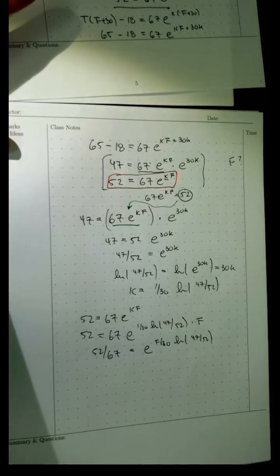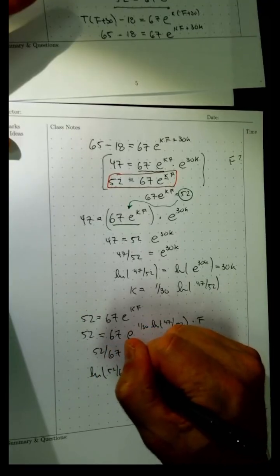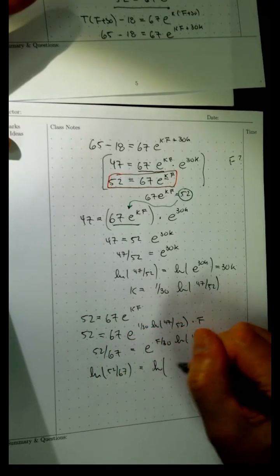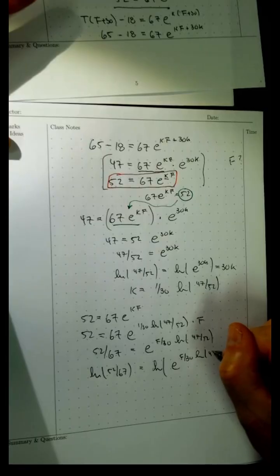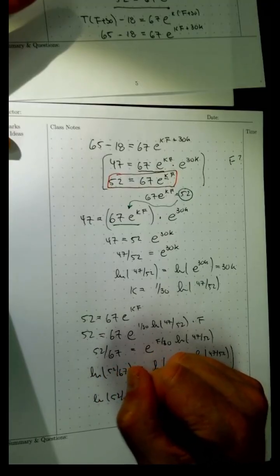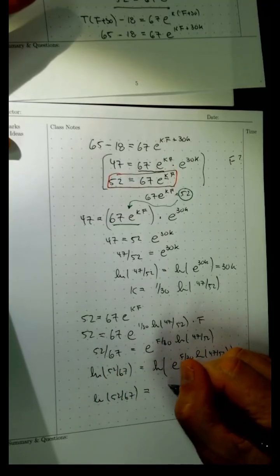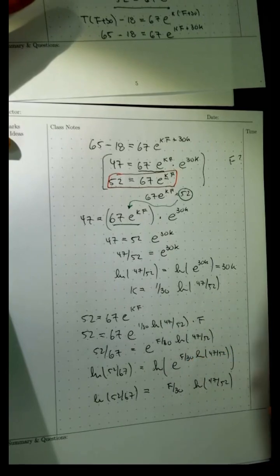So I'm going to take the log of both sides. So this is log of e to the f divided by 30 log of 47 divided by 52. Log of e to the anything is just the anything. So I'm going to have f divided by 30 times log of 47 over 52.